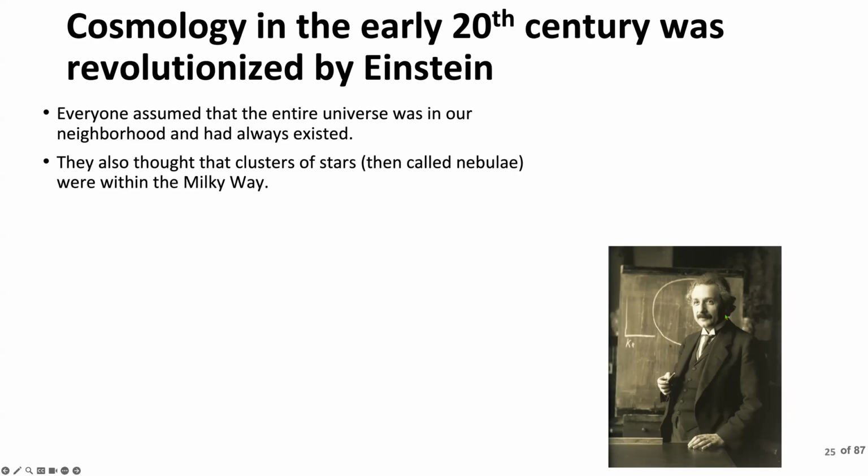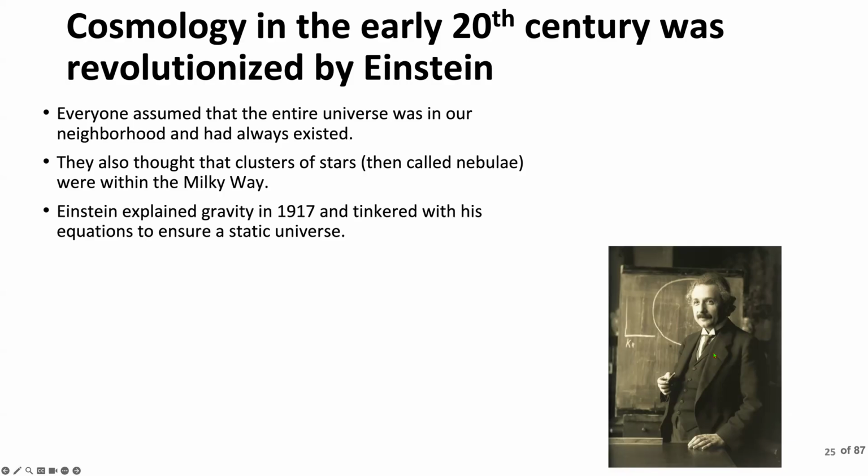And Einstein had developed these equations describing how gravity dictates the evolution of the universe and had to do some contortions in the math to make sure that the results of his calculation produced a result that showed a static universe, because that's what all the astronomers told him.